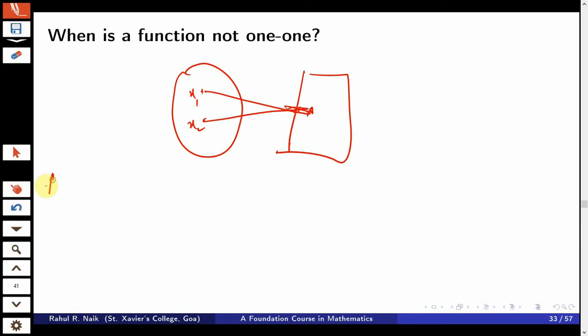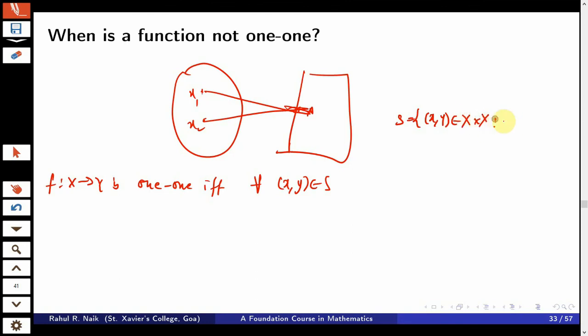We know that f from X to Y is 1-1 if and only if for every point (x, y) in the set S, where S is the set of all points (x, y) in X cross X such that x is not equal to y, we have f of x is not equal to f of y.